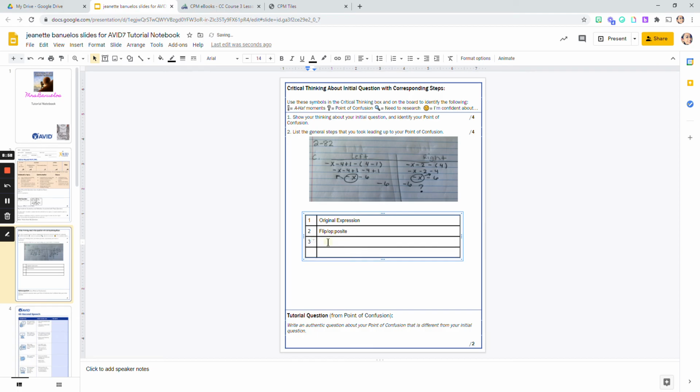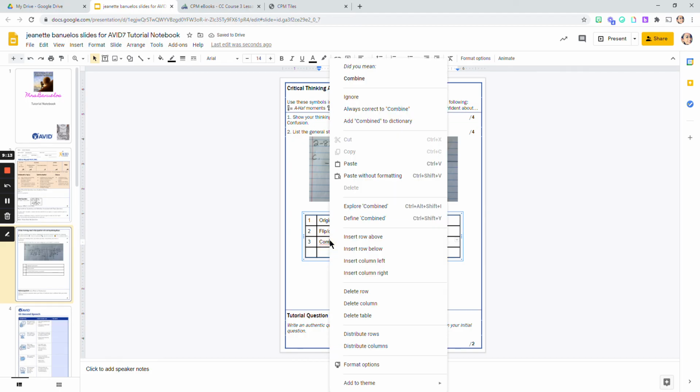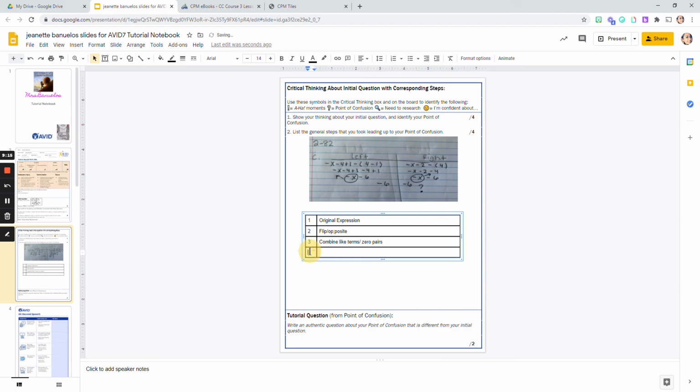For my third step, I combined like terms and removed 0 pairs. And then for my fourth step, I removed -x from both sides.